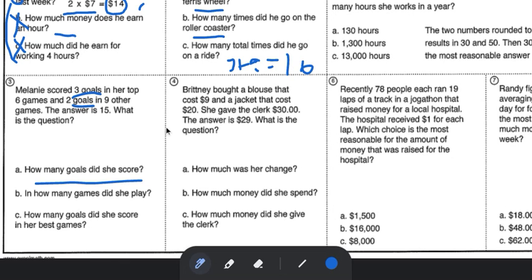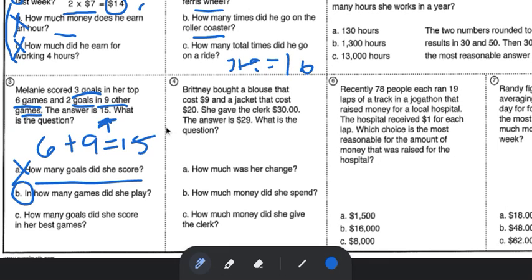Well, 3 and 2 does not make 15. So that is the wrong answer. In how many games did she play? Well, if she played in 6 games and then 9 other games, she played in 6 and 9 or 15 games. So that is what they're saying. The answer is 15 right there. So I know that's correct.